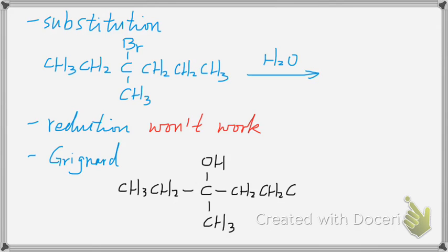Lastly, Grignard reaction. So if we want to make a tertiary alcohol by a Grignard reaction, we have 3 possibilities. To get the starting material, what we need to do is to break the carbon-carbon bond next to the OH.